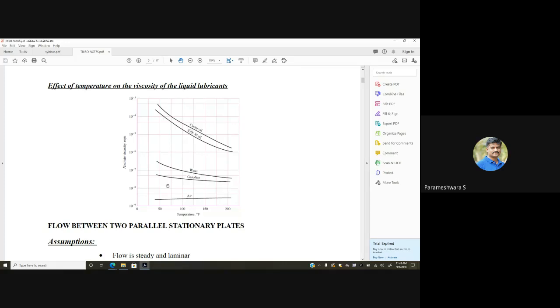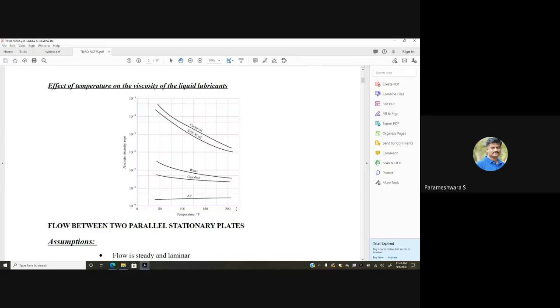See, as the temperature increases, the viscosity value also increases. Sorry, as the temperature increases, the viscosity value decreases. Look at this: viscosity is decreasing as the temperature is increasing. It means that a lubricant operating at higher temperature loses its viscosity.